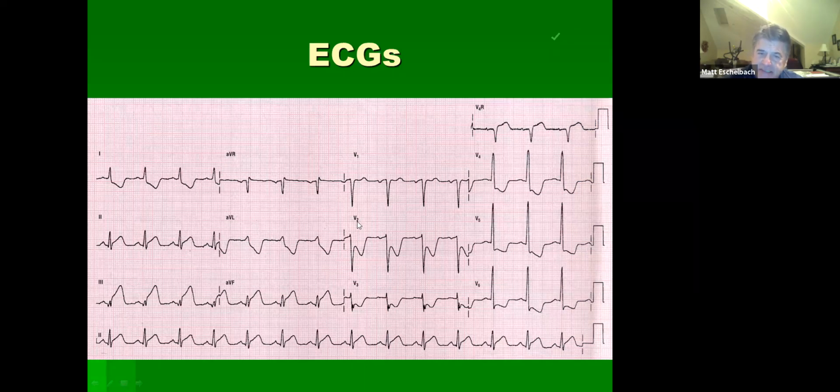See how deep V2 and V3 are? If you take your head and turn it upside down and backwards, these ST depressions are so deep that if you flipped it, what we call a flip test, you would see that that is probably a posterior MI.